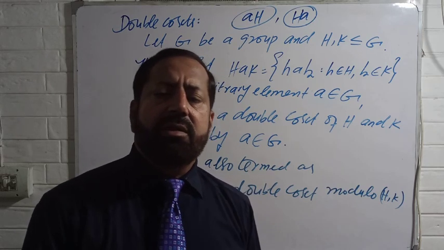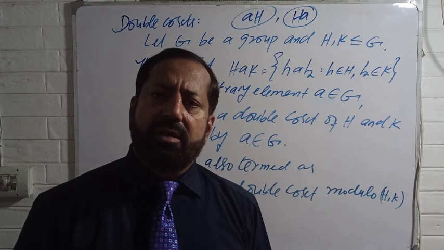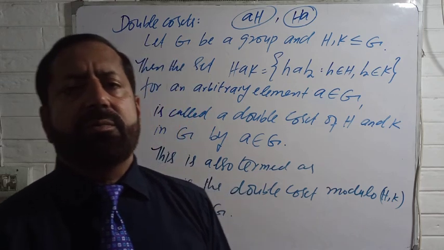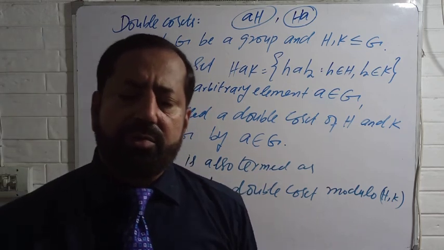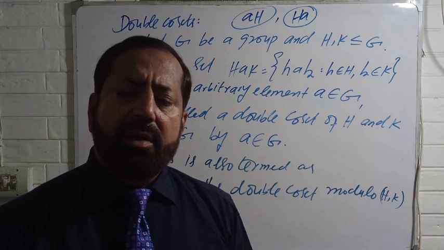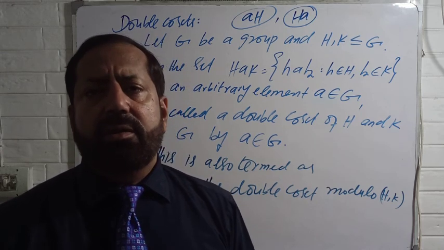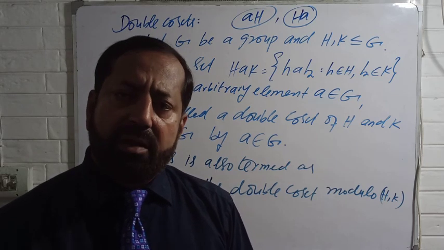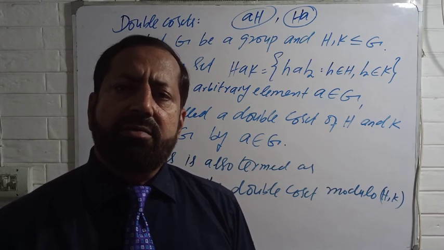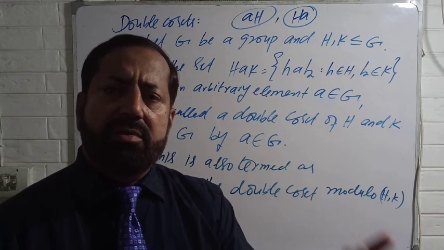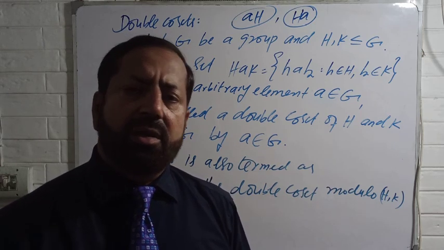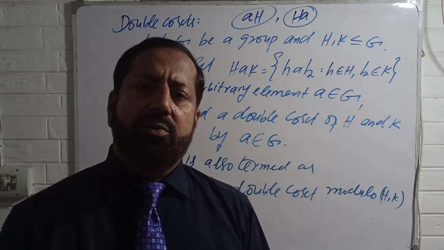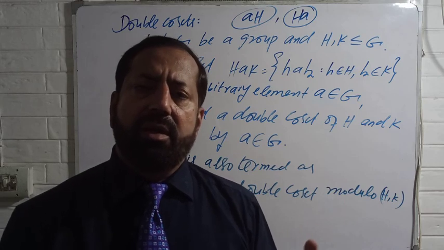There is a one-one correspondence between any two left cosets, or between any two right cosets of H in G. There are some other results that we have discussed in group 3.1. So now the idea is to revisit those results in terms of double cosets as well. Whether those results are true or not, we will see with the aid of an example.